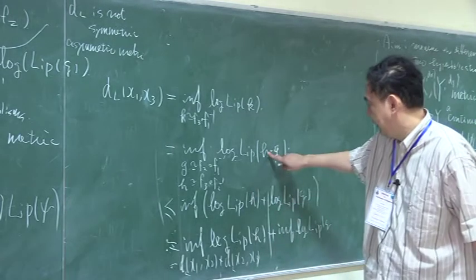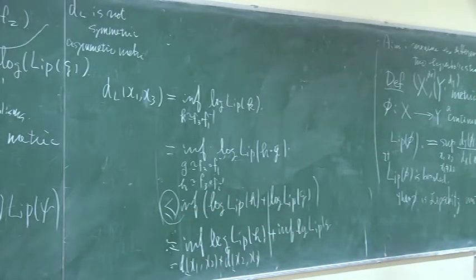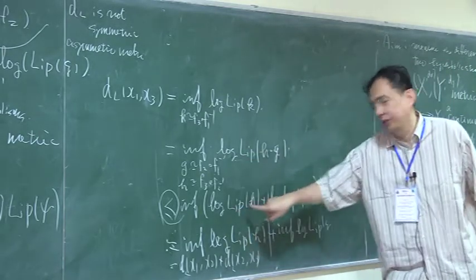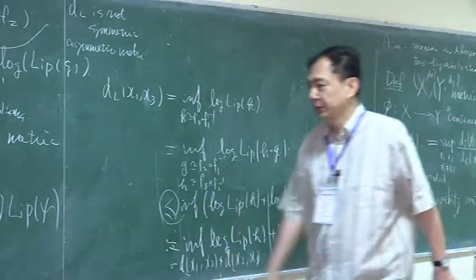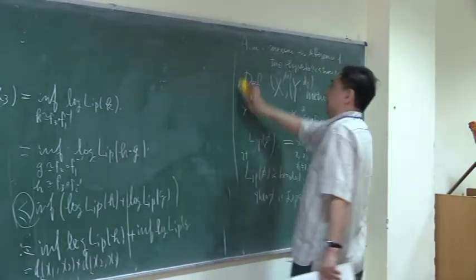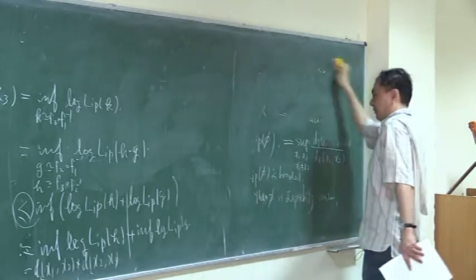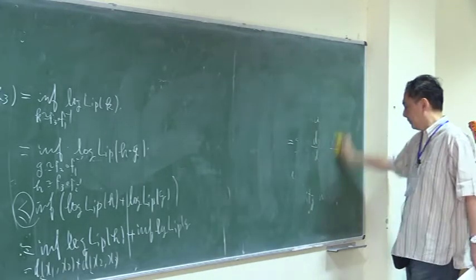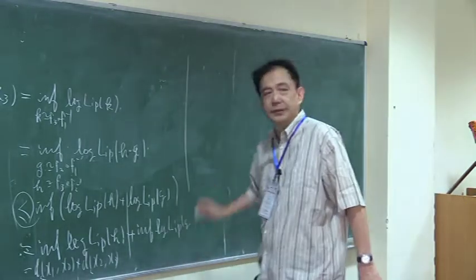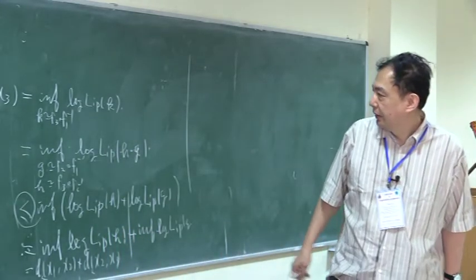This observation, I use this one. So this should be Lip H times Lip G, taking log, so it's log Lip H plus log Lip G, in the second line.